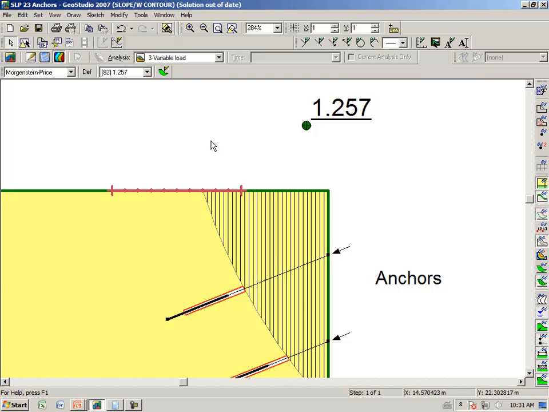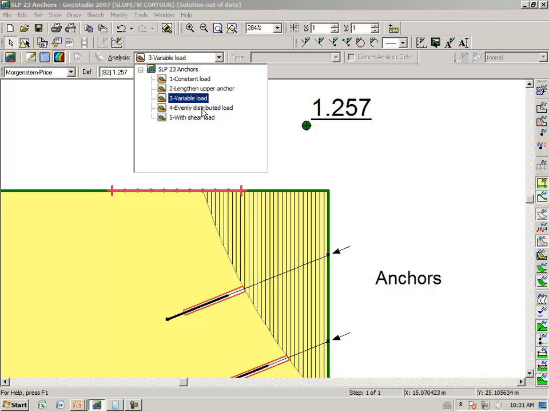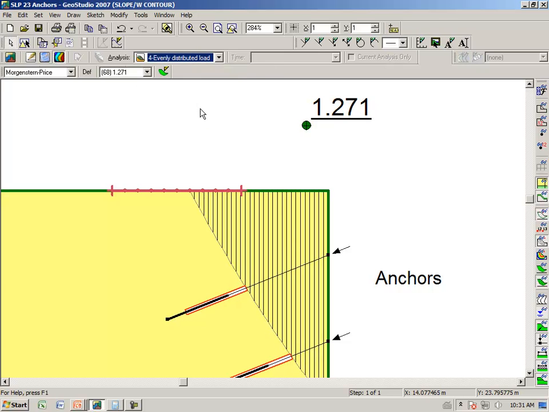Now the factor of safety is 1.257. If we evenly distribute the load amongst many slices, the factor of safety is almost the same, 1.27 versus 1.26. For practical purposes, it is essentially all the same.